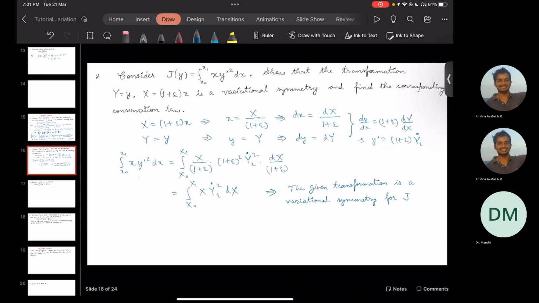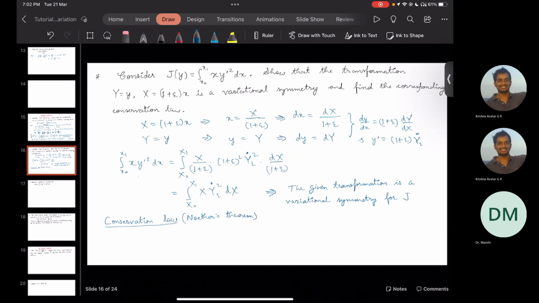Now, since under the given transformation our functional remains variationally invariant, we can invoke Noether's theorem. In that case, our conservation law follows from Noether's theorem.